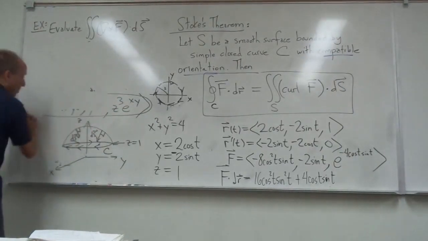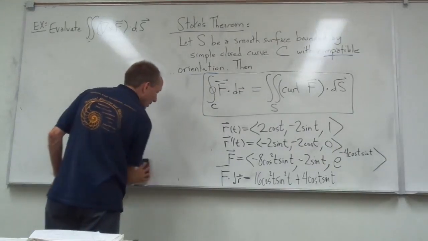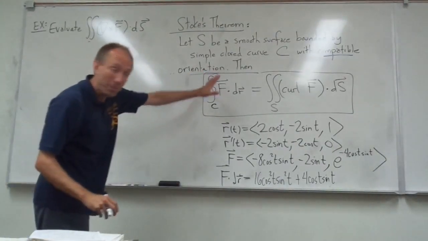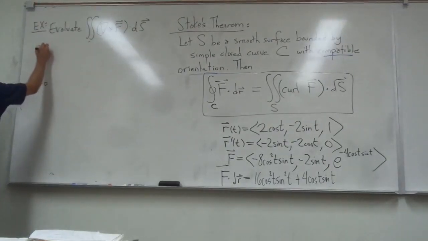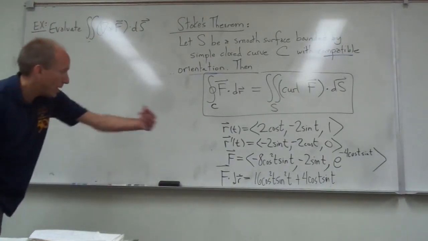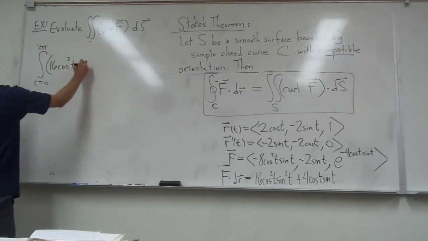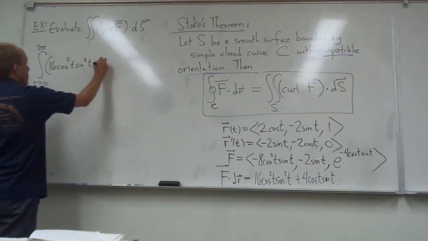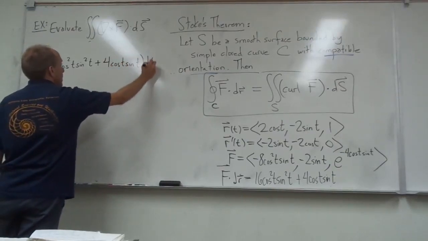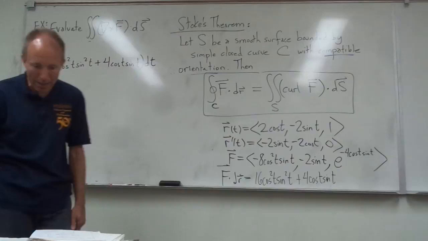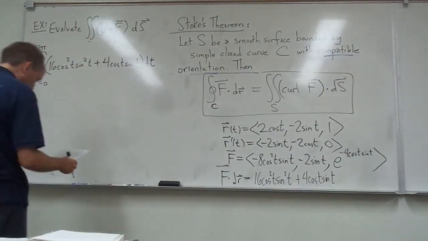So we're just about there. I think I can safely get rid of most of this. So the line integral is literally just the integral, t goes from 0 to 2 pi of this expression that we just came up with: 16 cosine squared of t sine squared of t plus 4 cosine of t sine of t, and then just dt. So that's what we actually will end up with right there.